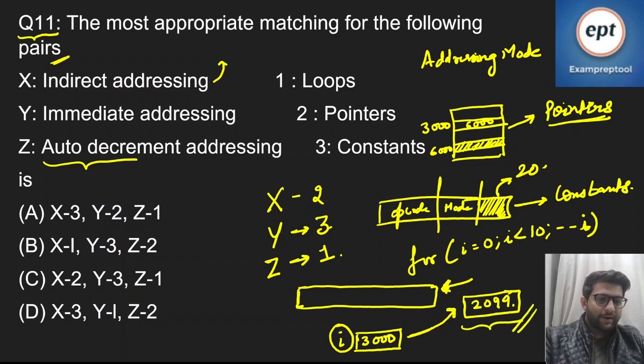This will be done automatically, and the instruction does not need to tell the CPU explicitly to decrement this value. So this is auto decrement addressing. That is why the answer will be x2 y3 z1, so that will be option C.